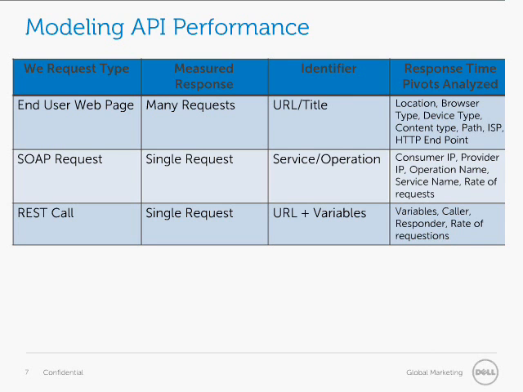Another use case there would be a B2B style integration where the agent that's making the web request is not a browser, but it's some other kind of program or automated service that is able to make HTTP calls and then process the responses. So if we're talking about SOAP or REST, we may be talking about back-end communications that are being done by an AJAX application or a mobile application.